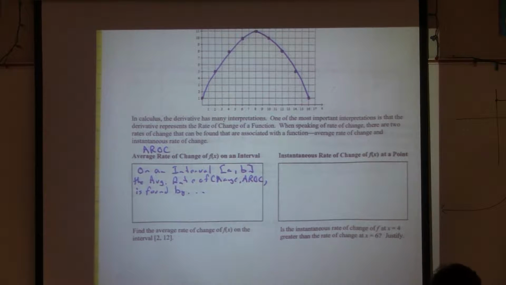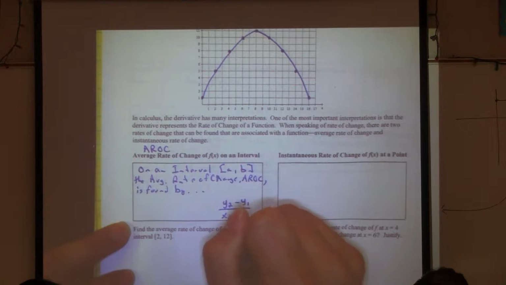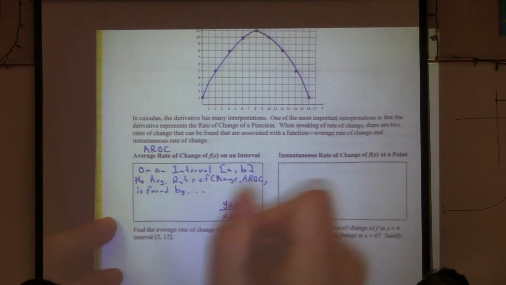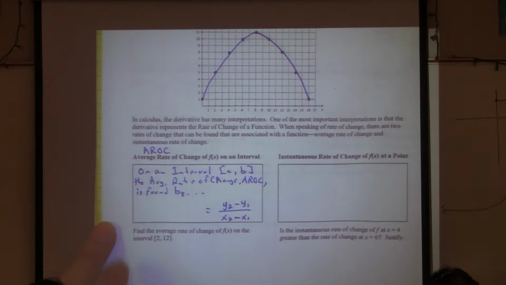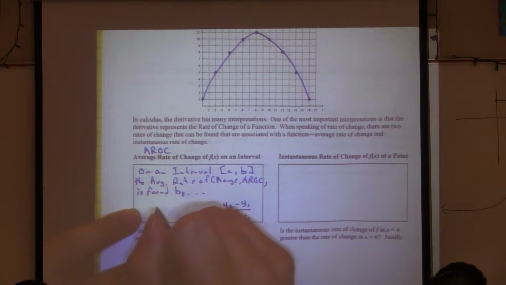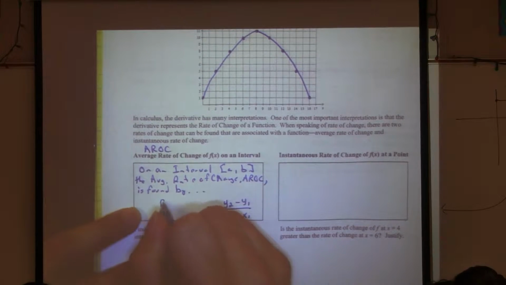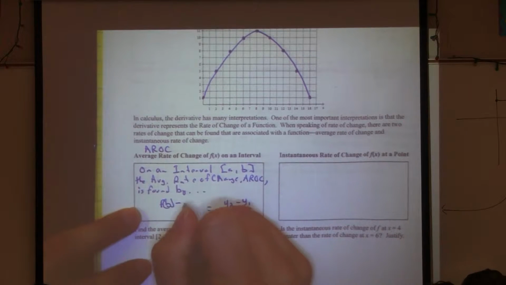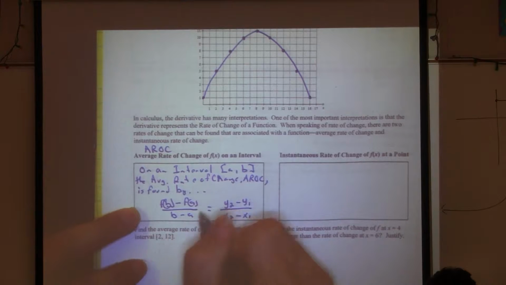y2 minus y1? Okay, that's one way of saying it. What would be a fancier way of saying that using function notation? No, function notation. Okay, well if we're doing y2 minus y1, it wouldn't be f of a, it would be f of b minus f of a over b minus a, right?